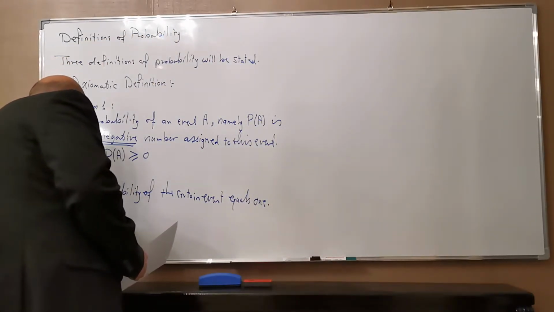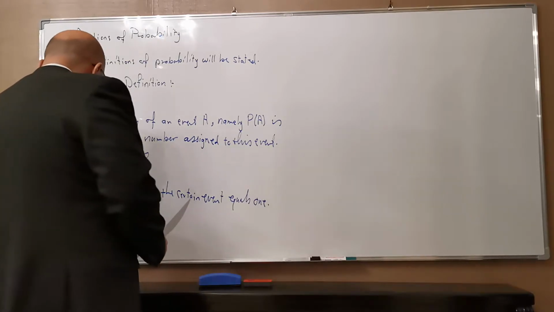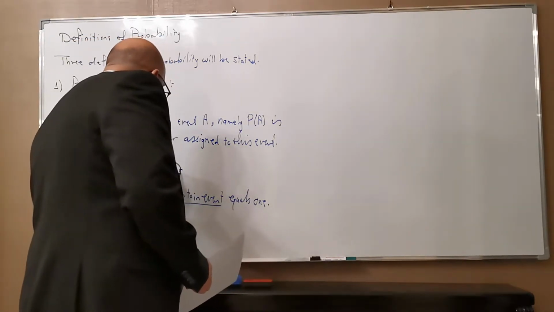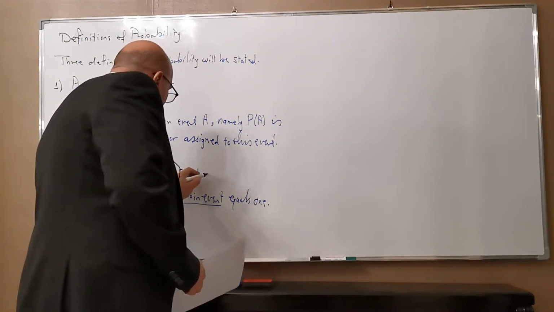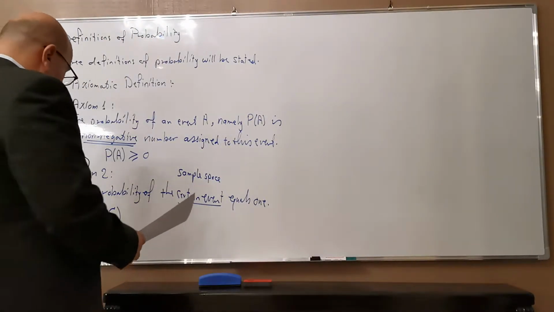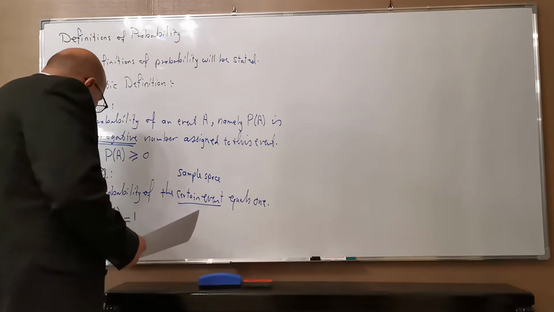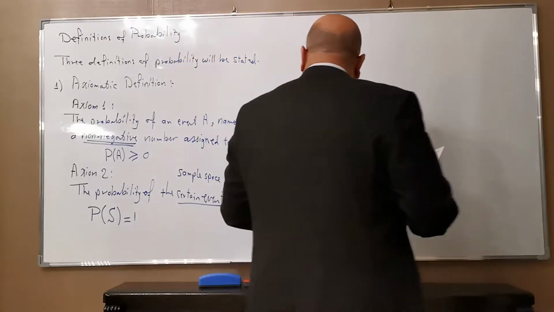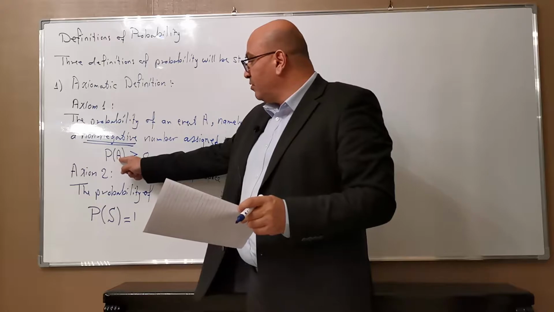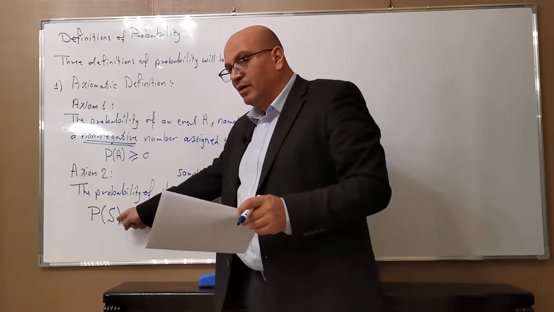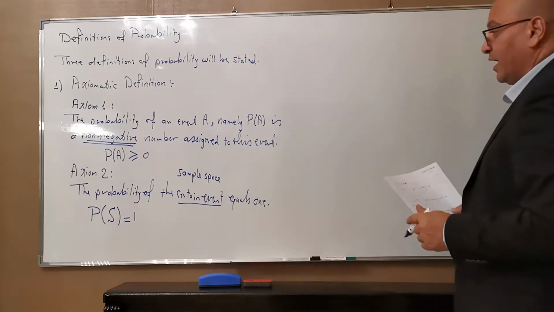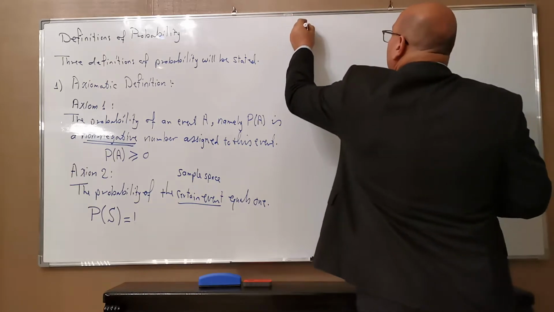And mathematically, probability of S, probability of the sample space or the certain event, is equal to 1. Okay. So the minimum of probability is 0, the maximum is 1. You will never get a number larger than 1. This is by axioms.